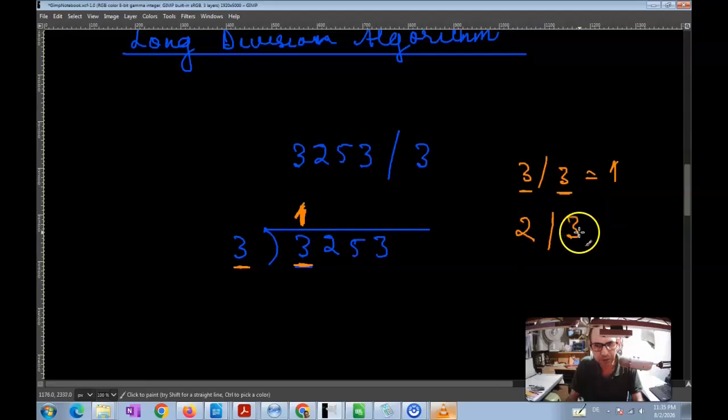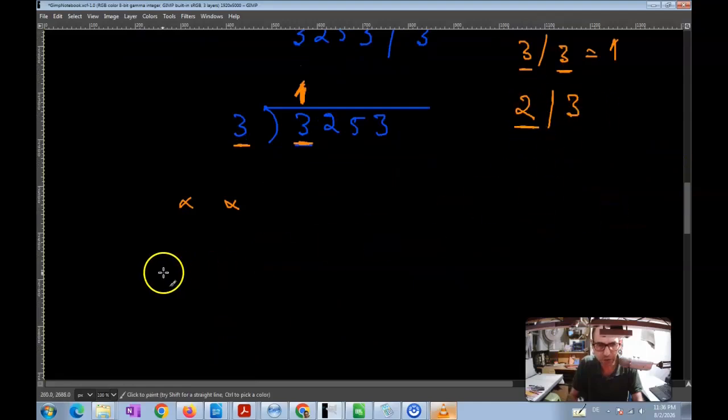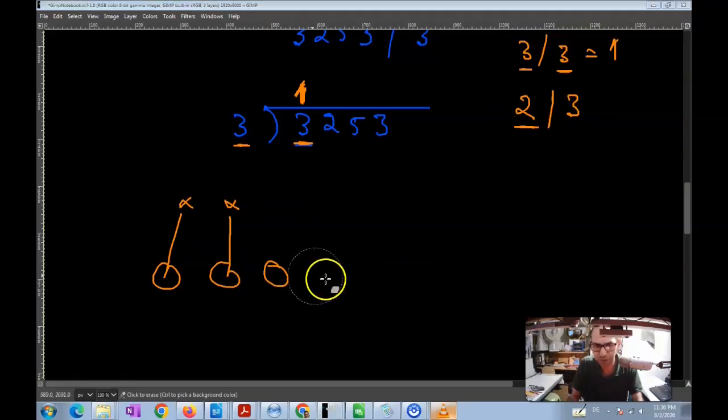And you can see that here I cannot do this operation, because I have 2 objects over here, and I want to distribute these 2 objects evenly among 3 groups. The first group gets one object, the second group gets another object, and the third group is not going to get anything. So the operation is not possible, right?